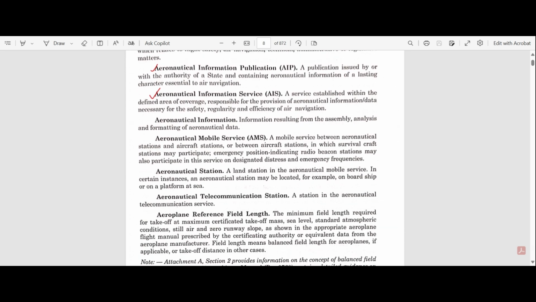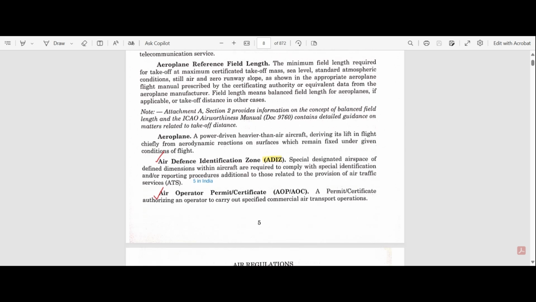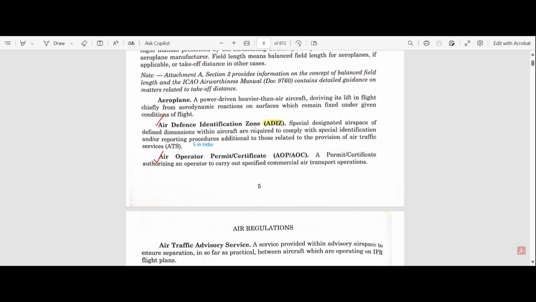The next important abbreviation is Air Defense Identification Zone, ADIZ.